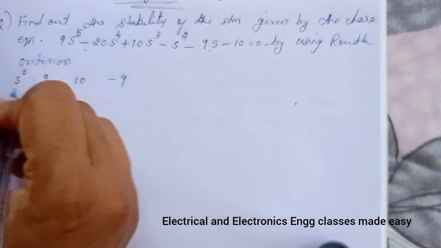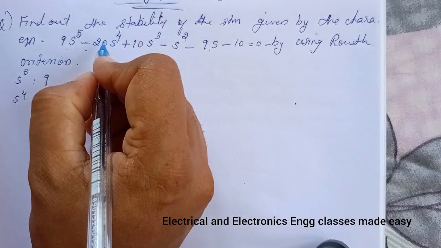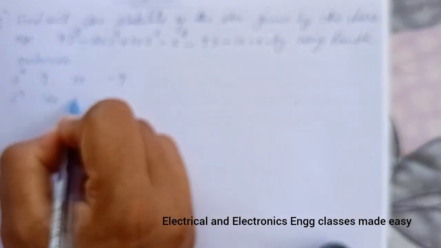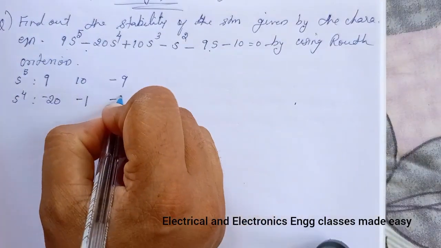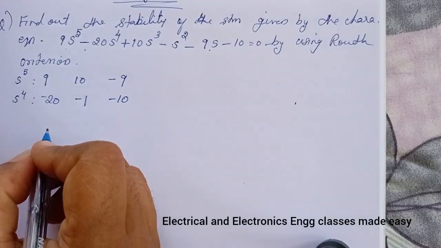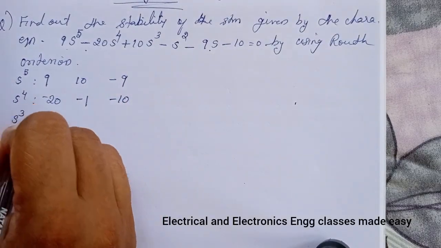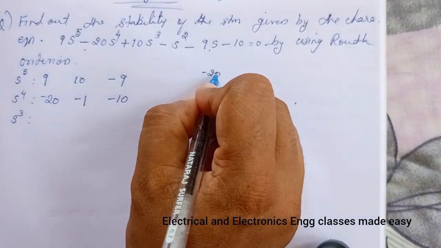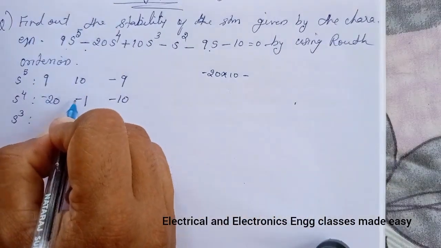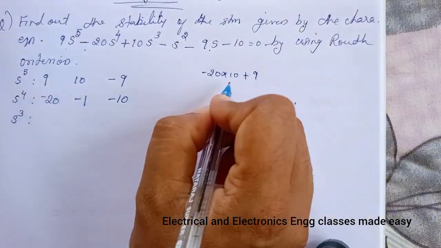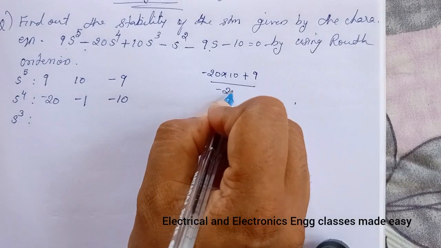The next highest power is s raised to 4 and its coefficients are minus 20, next is minus 1, next is minus 10. Now we have to calculate s cube, and s cube is obtained as minus 20 into 10, then minus of minus is plus, that is 9 into 1, divided by minus 20.